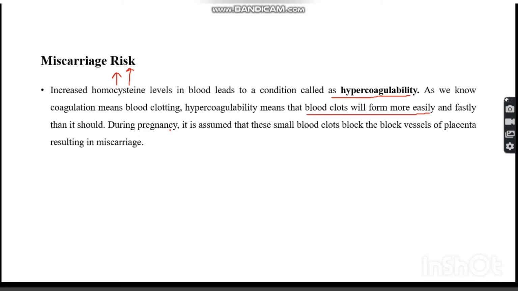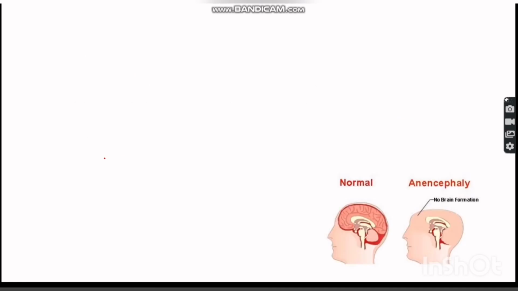During pregnancy, if the mother is not taking folic acid, if there is a deficiency of vitamin B9, B12, B6, there might be a chance of hypercoagulability in her blood. So there might be a chance that small blood clots block the blood vessels of the placenta, which means that it results in miscarriages.